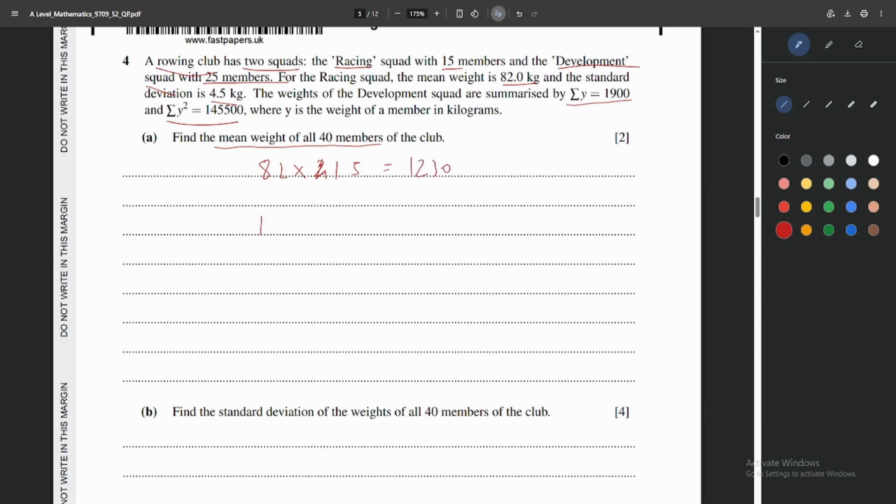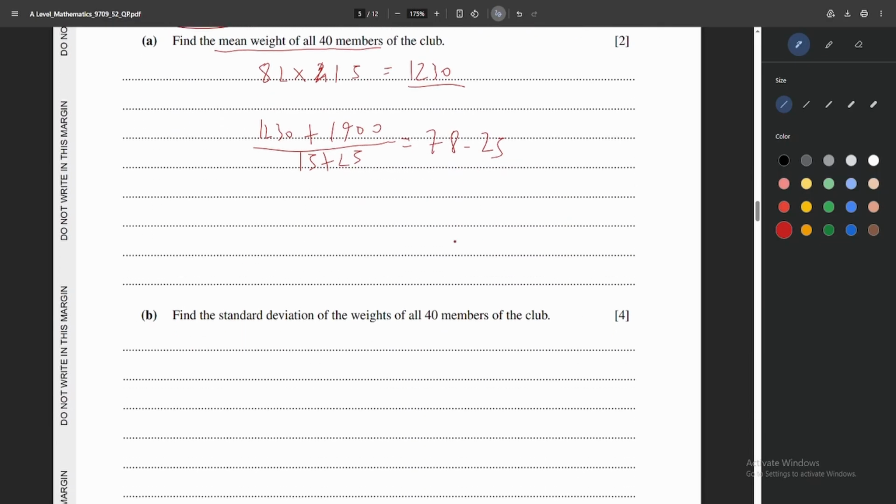Then we add 1230 to 1900, and divide by the total number of people, 15 plus 25, and we get 78.25.